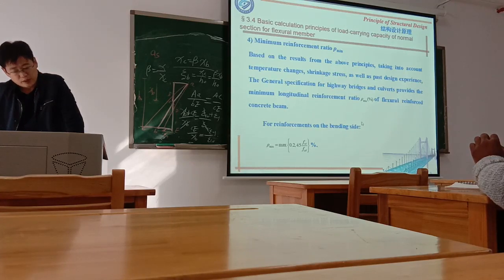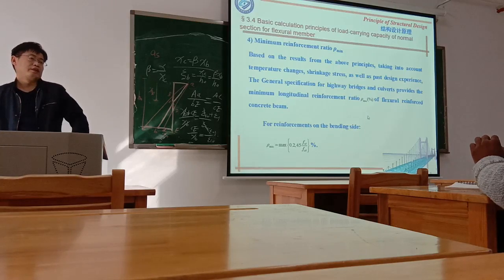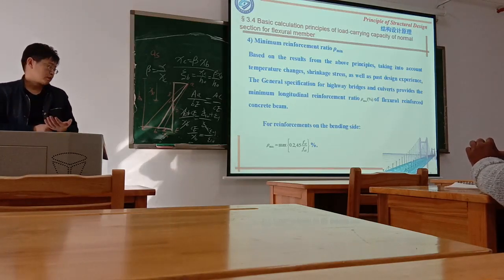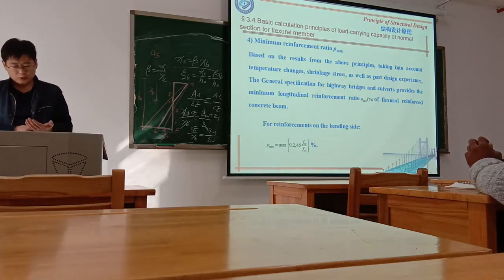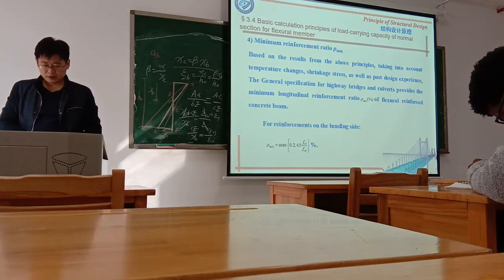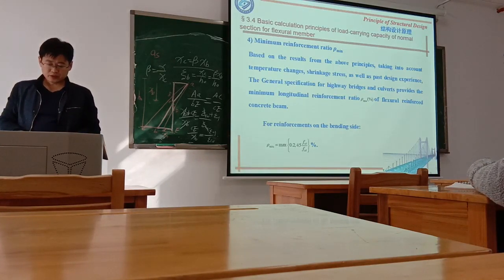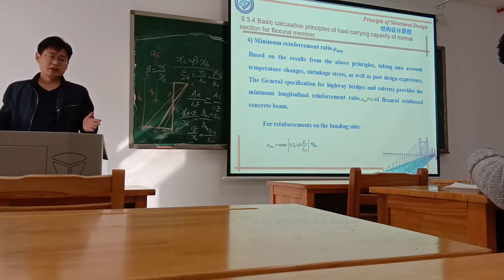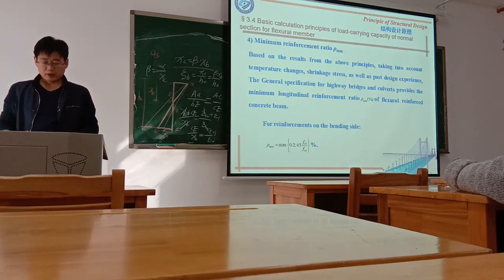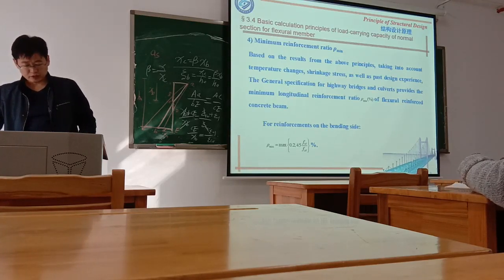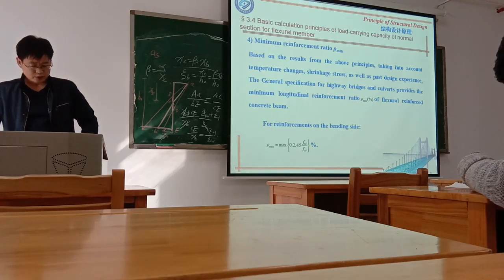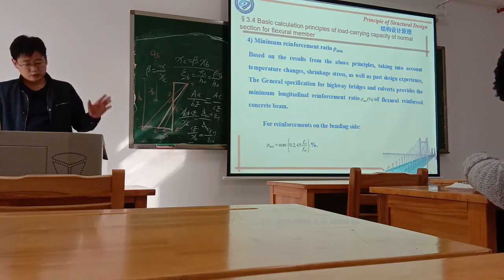So we should remember that when we design, the appropriate reinforcement ratio is in a range, because of the maximum value and the minimum value. When designing, you should make sure the reinforcement ratio is in this scope.